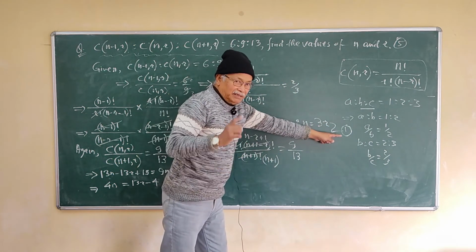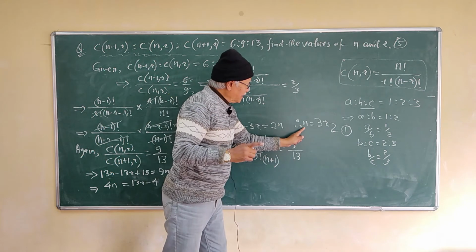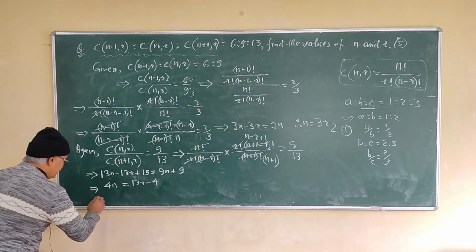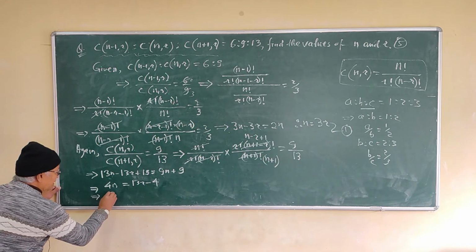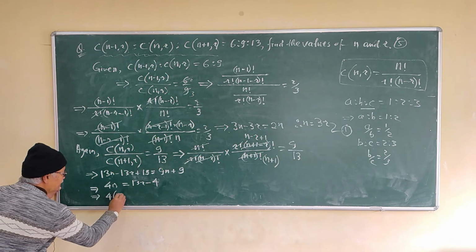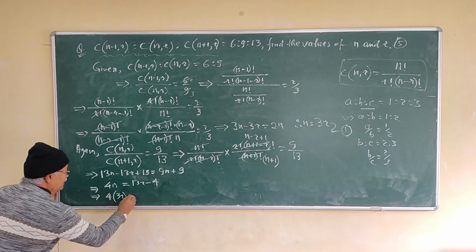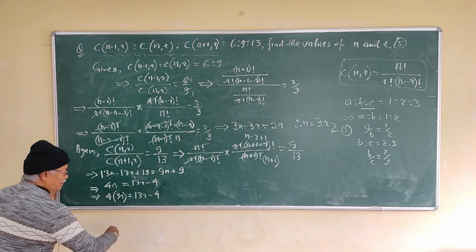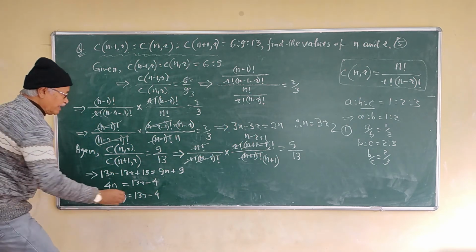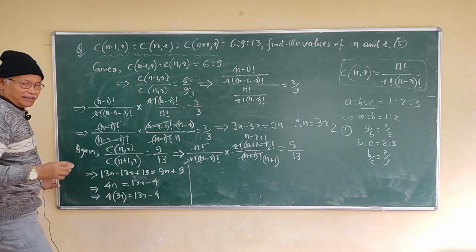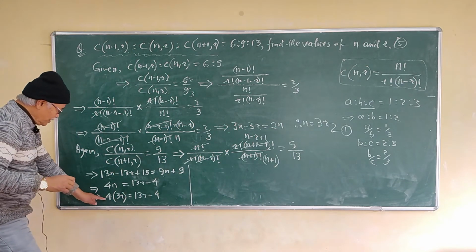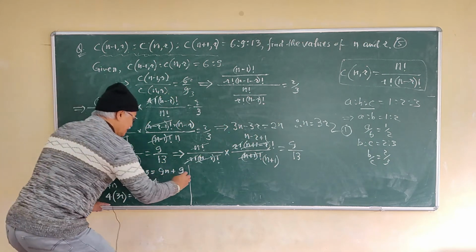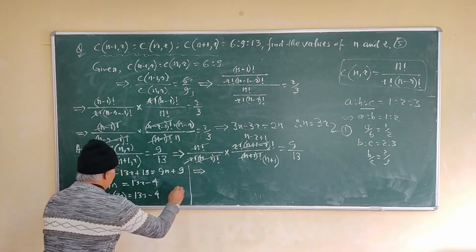So 1 entitles you to write n equal to 3r. So let's write that down, n is equal to 3r, 4 into 3r equal to 13r minus 4, right? Let me continue here. This will give me 12r, don't get confused.